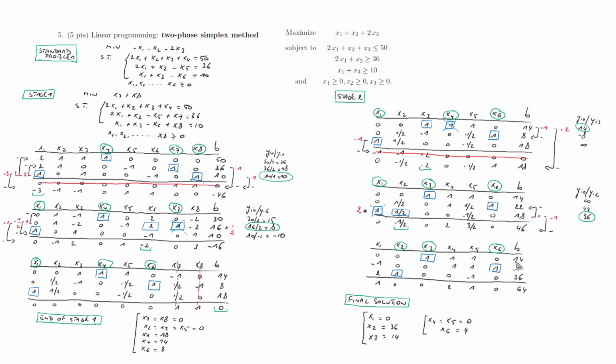So we can do some elementary checks. We can look at the cost over here. If we add x2 and 2 times x3, we obtain indeed 64, which is correct. Remember that minus 64, the opposite of what you see over here, is the cost of the standard problem, and 64 is therefore the solution of the original problem that was a maximization problem, right?